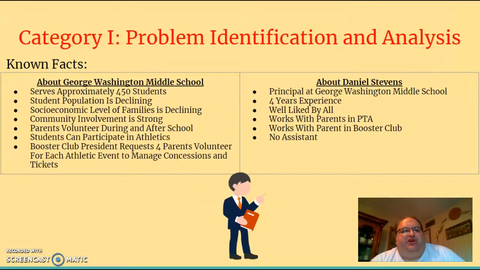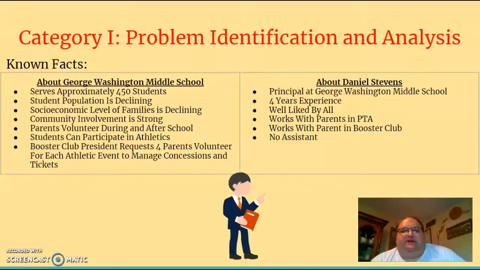So that leads us to where we are currently in this case. Some additional known facts as we look at Category 1. George Washington Middle School serves approximately 450 students. However, the student population and the socioeconomic status of that school are declining. The great thing, though, is that even though the numbers are declining, community involvement and parent volunteers are still strong during and after school.